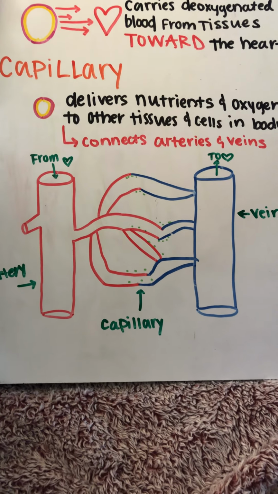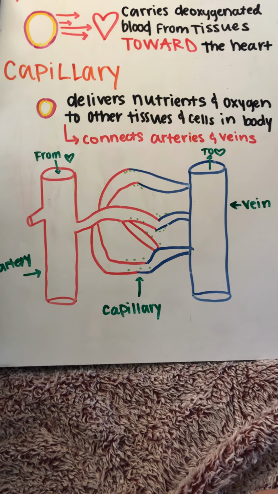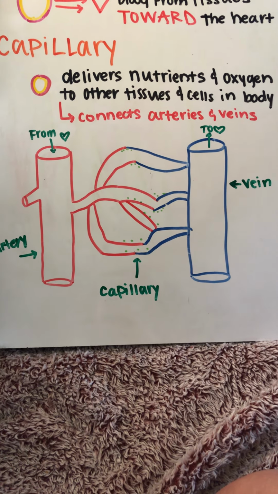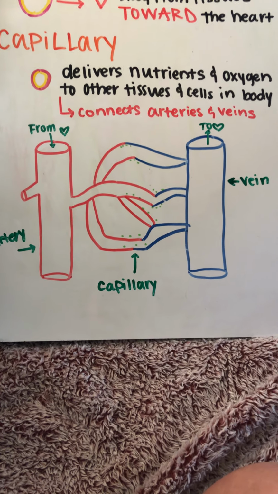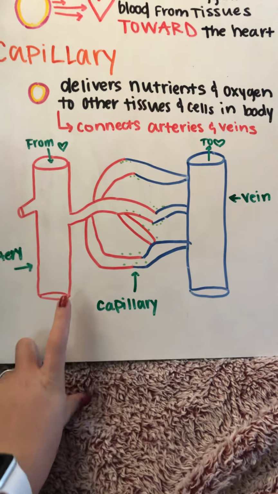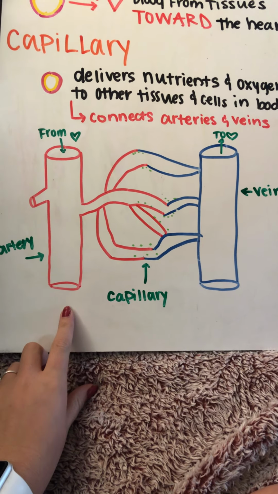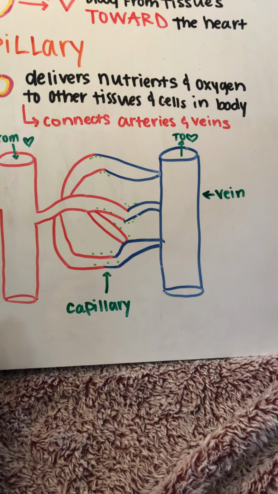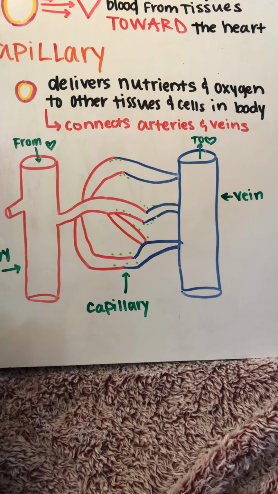So my little diagram down here is a very, very simple version of this, and I found one on Google that just worked with me. My red over here is the artery, and the blue is the vein, and then those green dots in there are the capillaries.